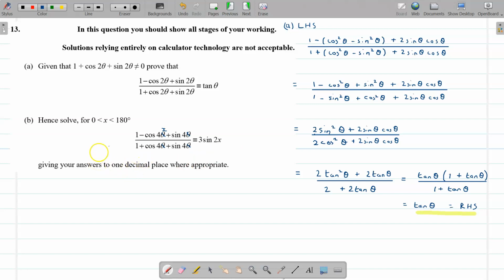Now for part B, I've got to solve this for theta, well, for x in that range. So as I say, these should have been x's, and if they were, and you twig that that's what it should have been, then you would simply be replacing all of that stuff with simply tan 2x. So what you would be solving is a simple equation, which is this. So tan 2x would be equal to 3 sine 2x.